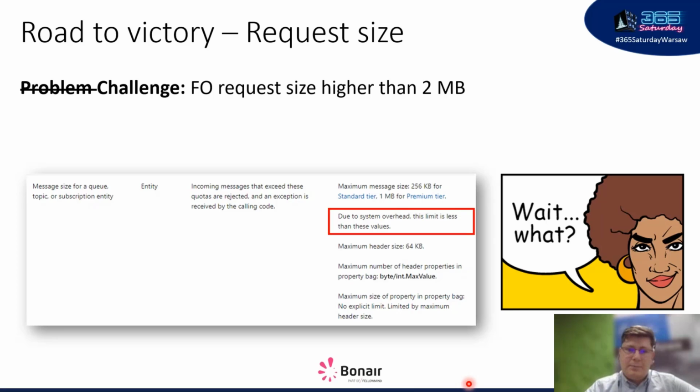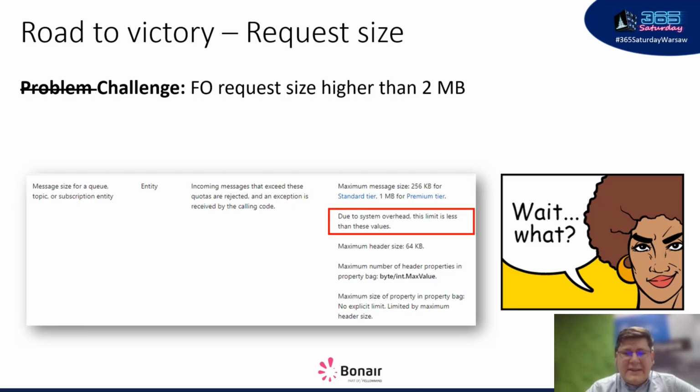But there's a real problem because in this project we realized that a request from FO can be even higher than 2 megabytes. And service bus, even on premium tier, can only handle a 1 megabyte file.